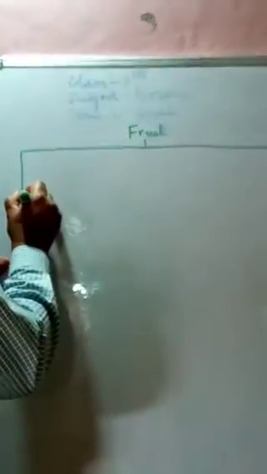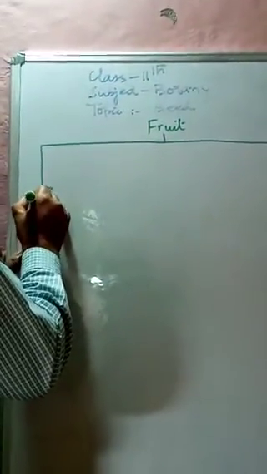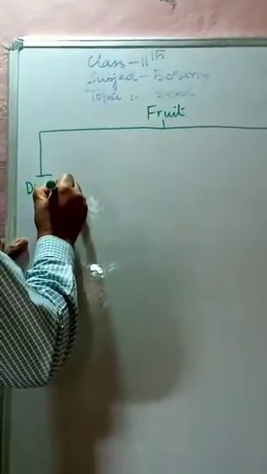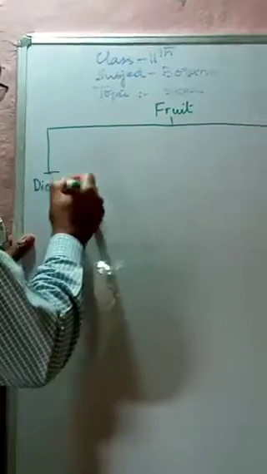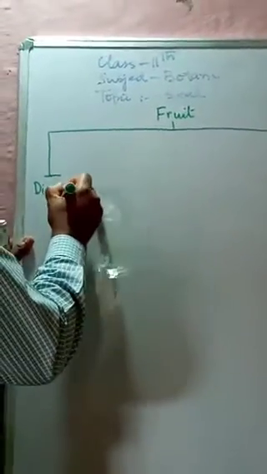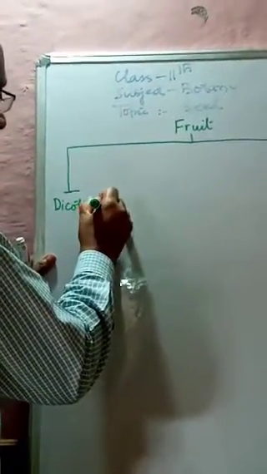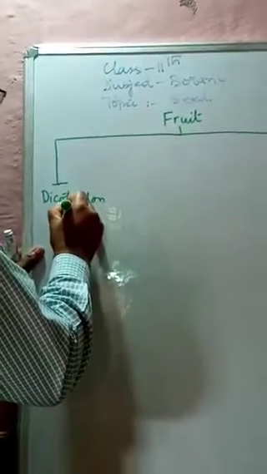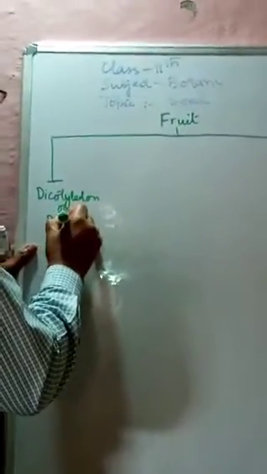If the number of cotyledons is 2, then that seed is called as dicot seed or dicotyledon seed, or dicot. Now, if we have got only one, we can say we have got monocotyledon seed or monocot seed.